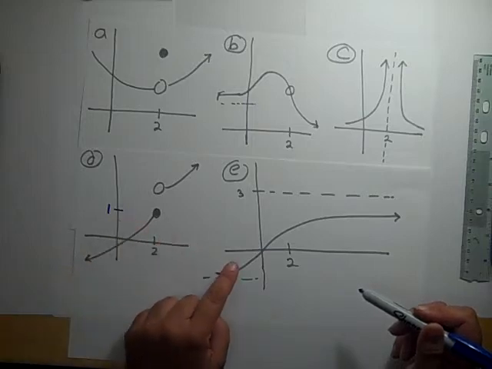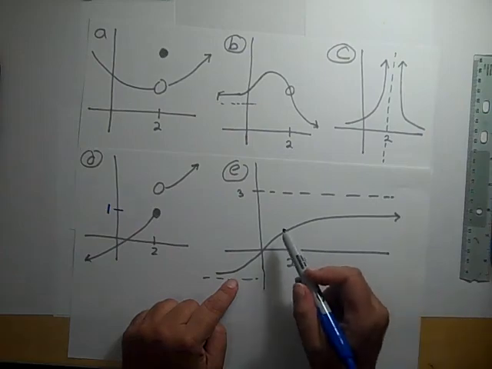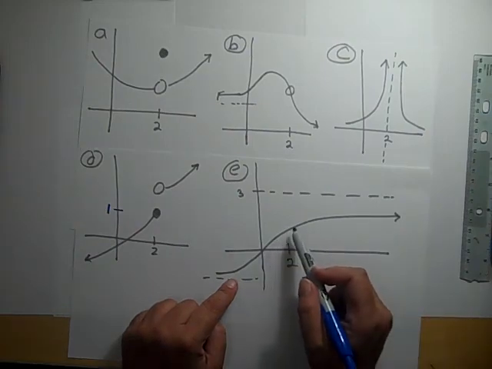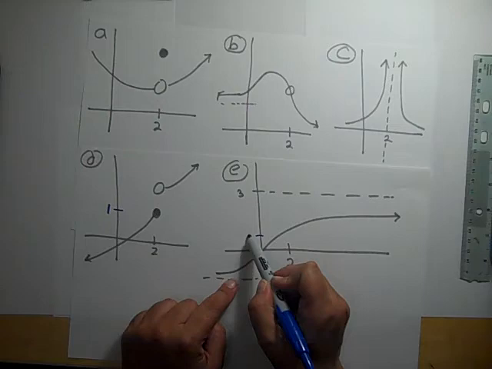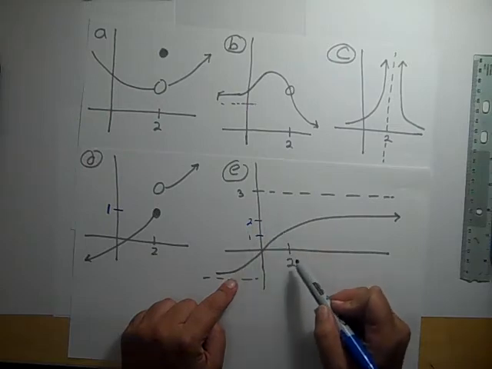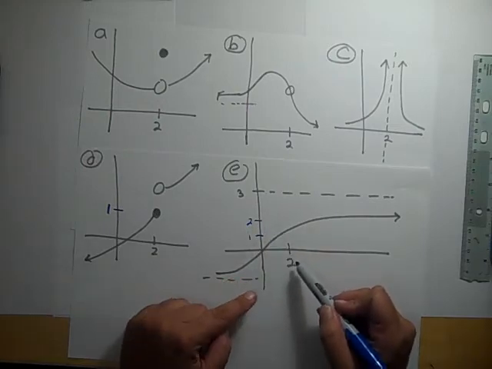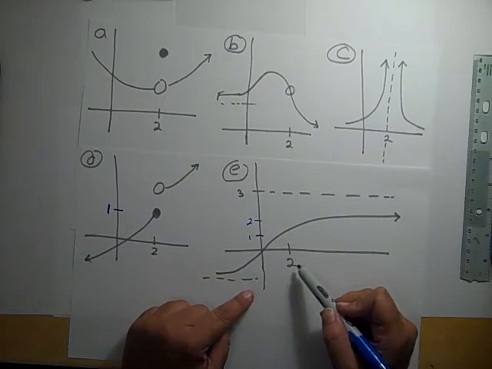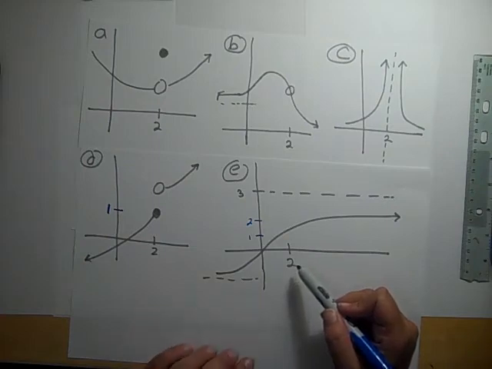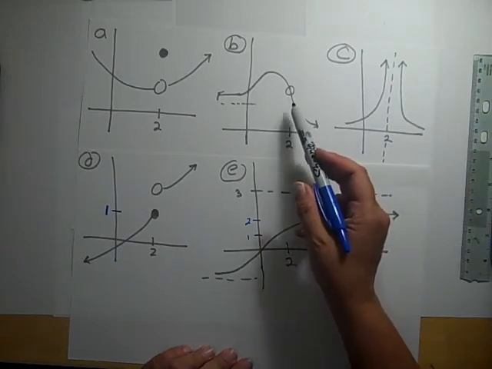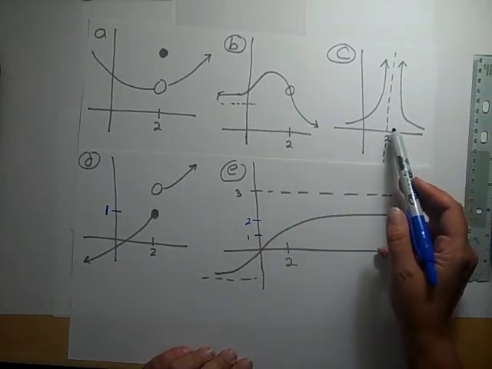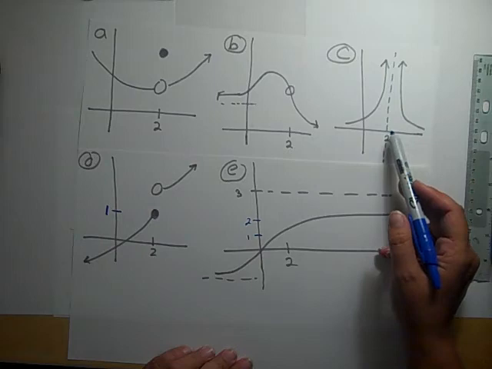And then look at letter E. Again, when x is 2, y is somewhere between 1 and 2. So f of x is defined for 2 there also. So I think the only two that did not have f of 2 defined were B, because there's an open circle, and C, because there's an asymptote.